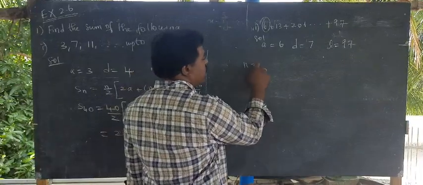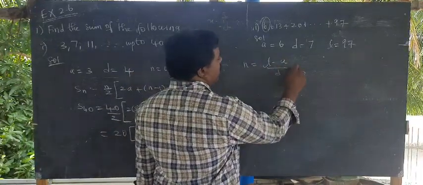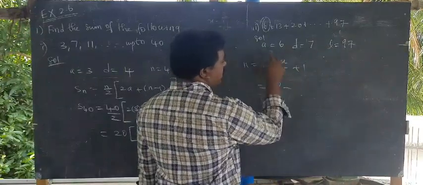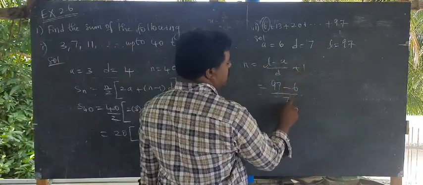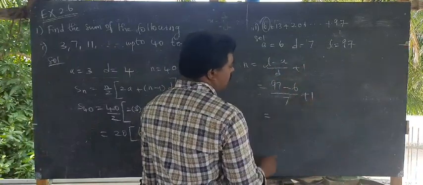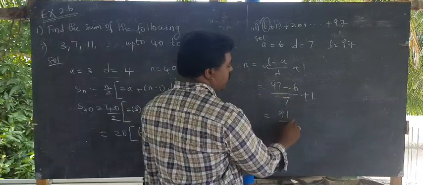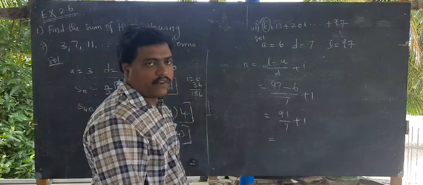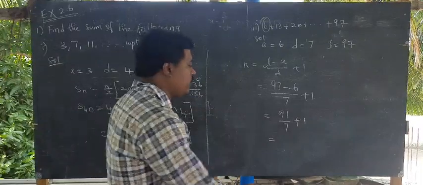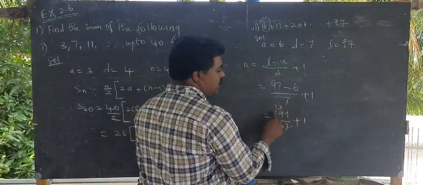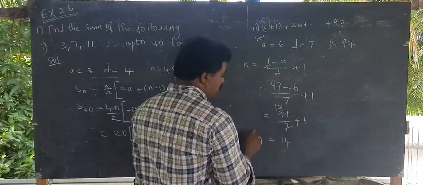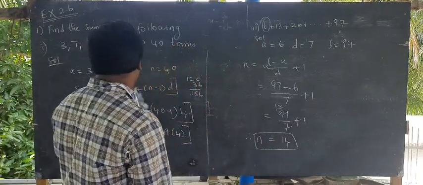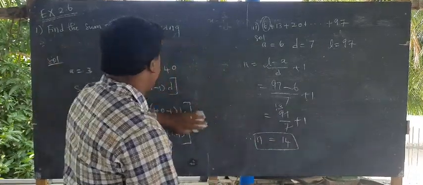So n equals L minus a by d plus 1, which is 97 minus 6, 91 by 7, plus 1. 7 times 10 is 70, 77, 84, 91, so 7 times 13. 13 plus 1 is 14. Therefore n equals 14.